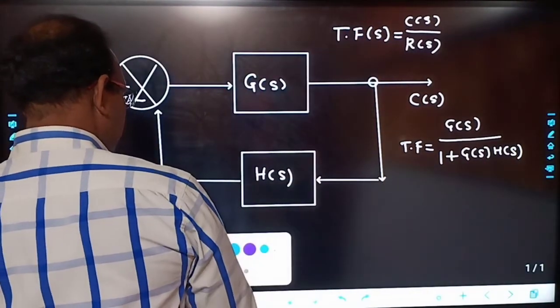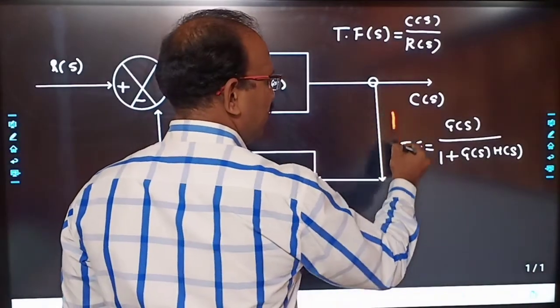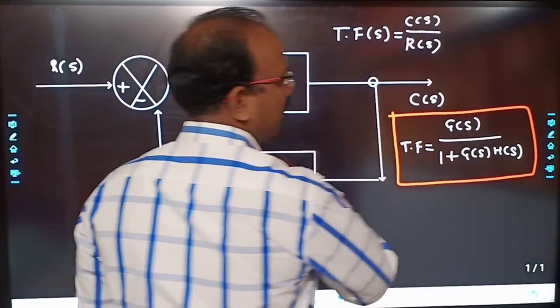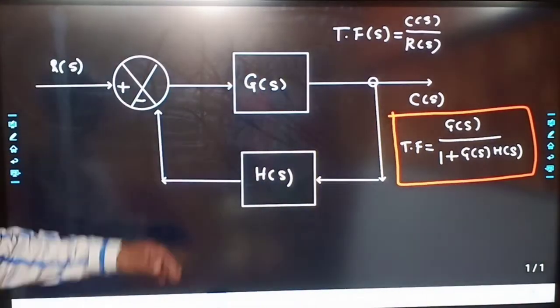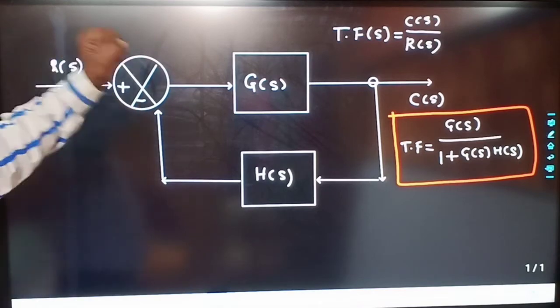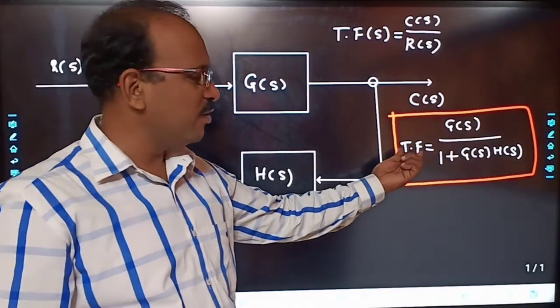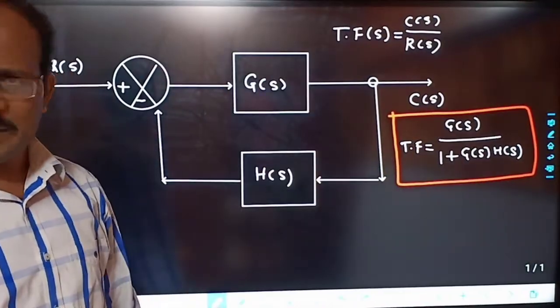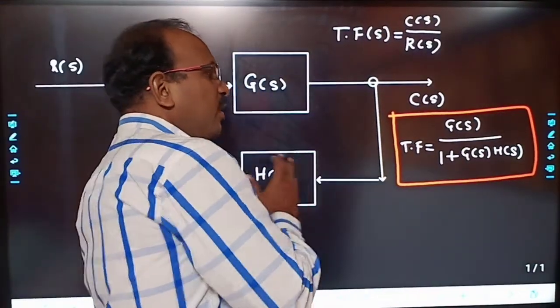This is a very important parameter. If the system is presented by the basic system, then the transfer function is always G(s) upon 1 plus G(s)H(s).